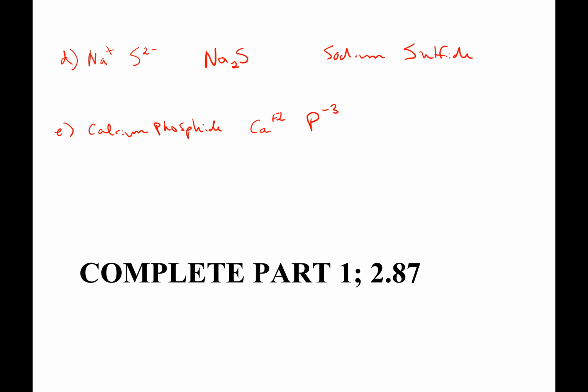Okay, so what's the neutral formula? Ca3. Yep, how many Ca's do we need? We need 3. Very good. And then how many phosphoruses do we need? 2. Okay, cool. Well, I'll give you a little bit of time and see what you can do with those, and then go on to the next part.